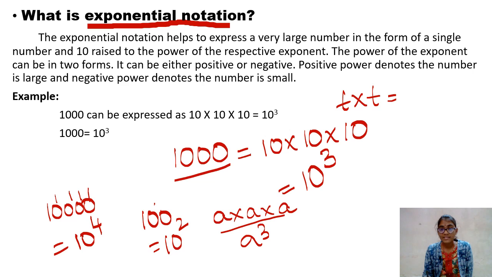So it can be written as T raised to the power 2. Exponential notation is nothing but making a number shorter by adding an exponent to it. Here, this 2 is an exponent. So a number written in this form is in exponential notation. This is what exponential notation is.